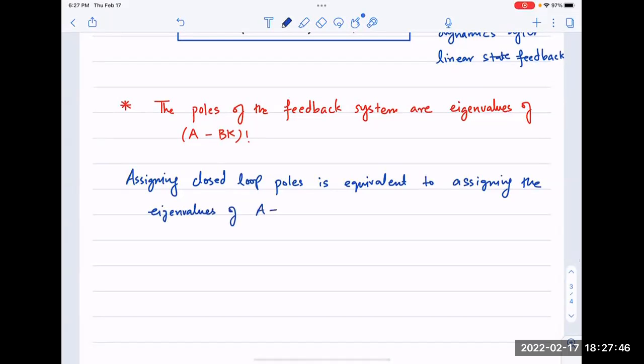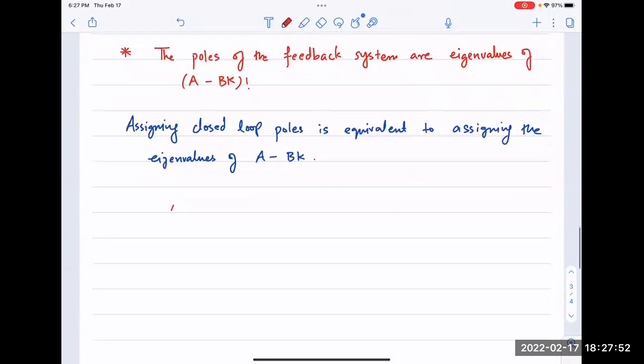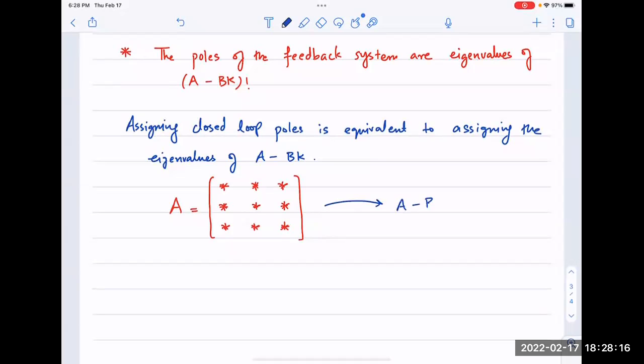If let's say there's a matrix A which has some numbers, it has some eigenvalues, and we want to design K such that the new matrix A minus BK, which obviously would have some different numbers here, has eigenvalues at the places that we want them to be.